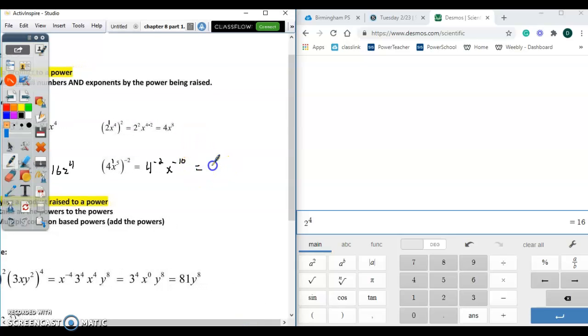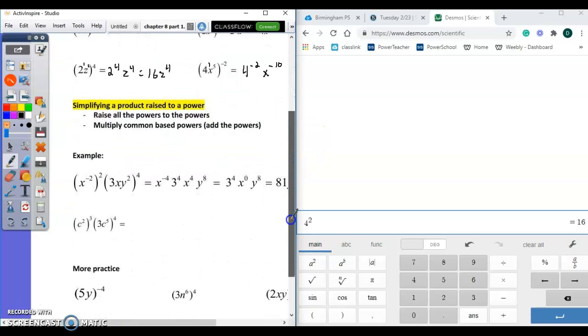So this would be 4 squared x to the 10th, and we put the 1 on the top. We could take it a step further, and 4 squared, we can do that on our calculator. So 4 to the 2nd power, and that gives us 16. So we can call this 16x to the 10th power, and then we have 1 on top.